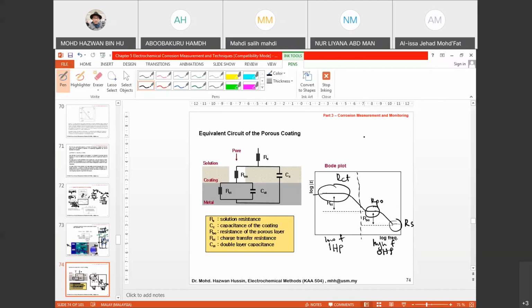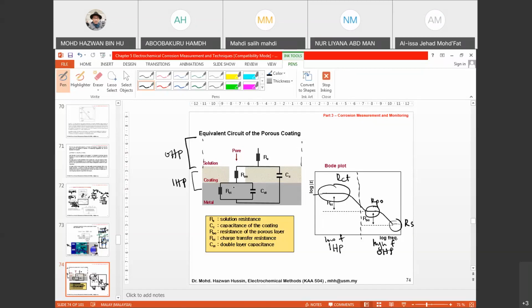Okay. So remember, I told you that this is RCT. And if you still remember, I think I don't have to draw again. It's already been mentioned here. Okay. So you have this kind of interface and you know that this region is at the inner Helmholtz plane and this region is at the outer Helmholtz plane.